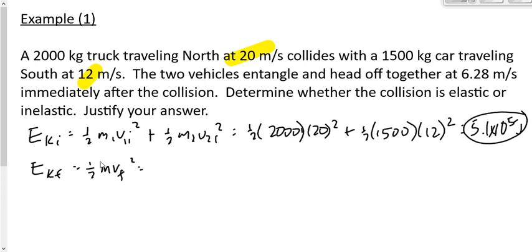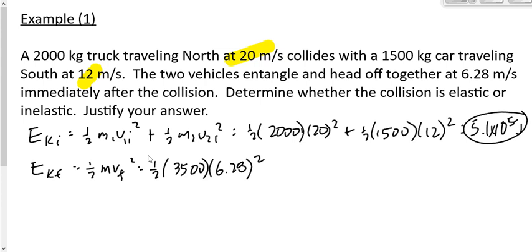One object, one term. The combined mass is going to be 3,500 kilograms, and the final speed is 6.28. Oh, don't tell me. Did I make another mistake?